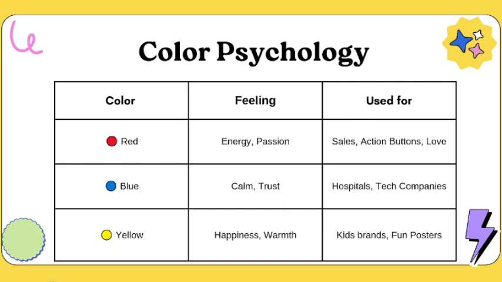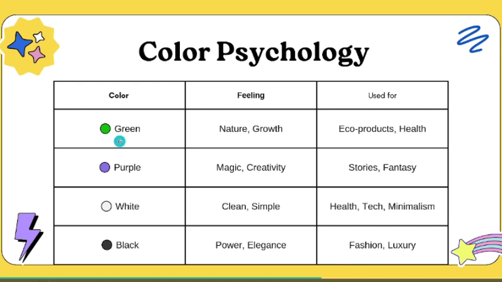Hospitals and tech companies usually use blue in their designs. We also have yellow, which is happiness and warmth, and kids' brands or fun posters normally use it. We also have the color green, which has the feeling of nature and growth.